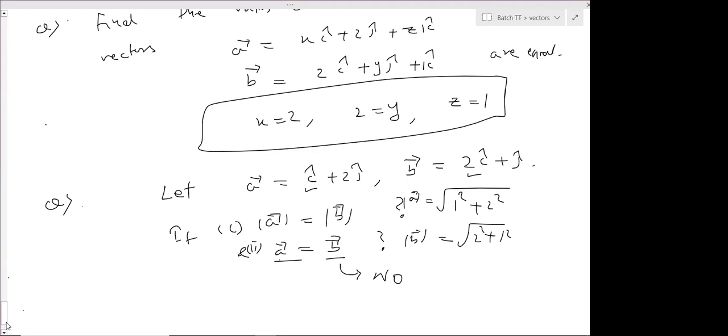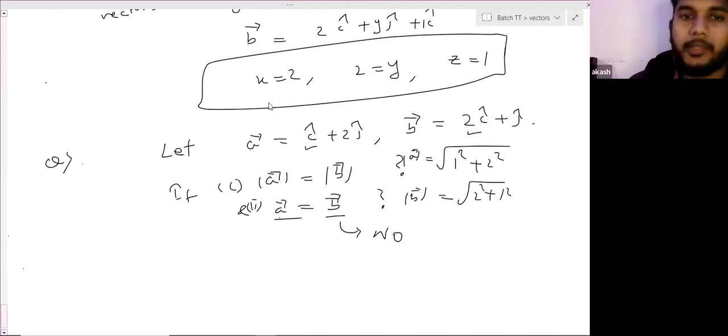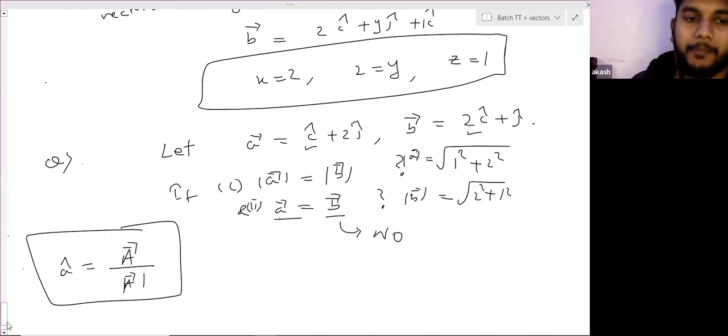Yes, sir. All right. Next question, I told you how to find unit vector. Unit vector you can find A cap equals to A vector upon mod of A. Remember this for the next question.